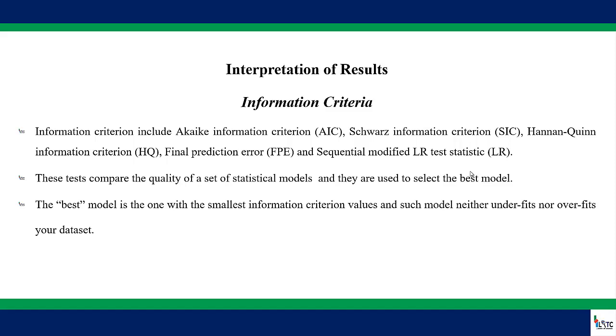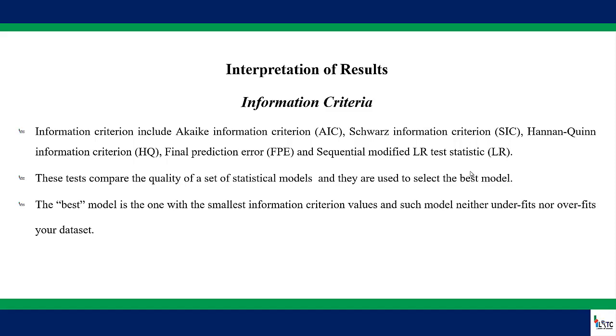So if you want to compare two or three models, then you have justification for using SIC. You take a look at the SIC of all the models, then you pick the one that has the lowest SIC.